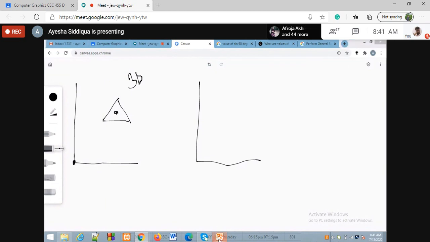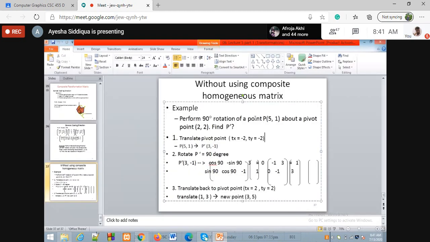That time you have to subtract this pivot point from the initial value. Then whatever value you get, you consider with the rotation. You just solve this math, then you will have a better idea.